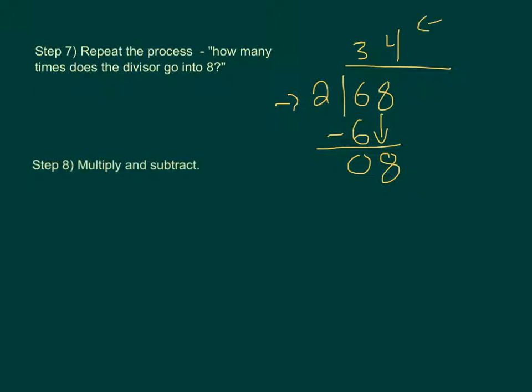So that 4 multiplied by the 2 gives us 8, and we subtract again and have 0. So now we're all done. We've used all the numbers. So 68 divided by 2, our answer is 34. That's our little bit of review for long division. I'm not going to spend a lot of time on it because we've spent time on this in the past. So now let's look at getting into decimals.